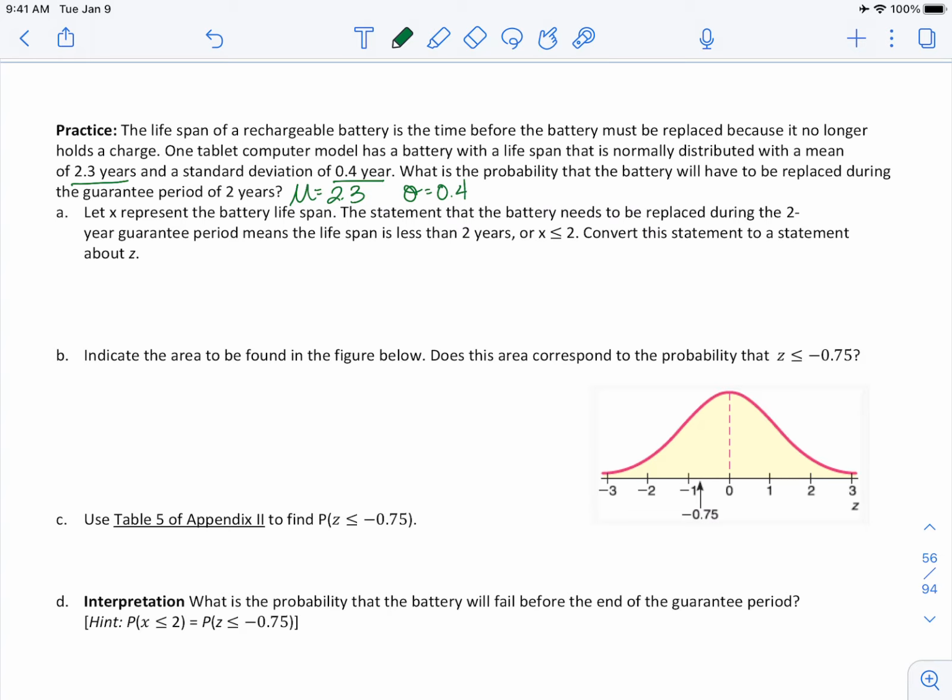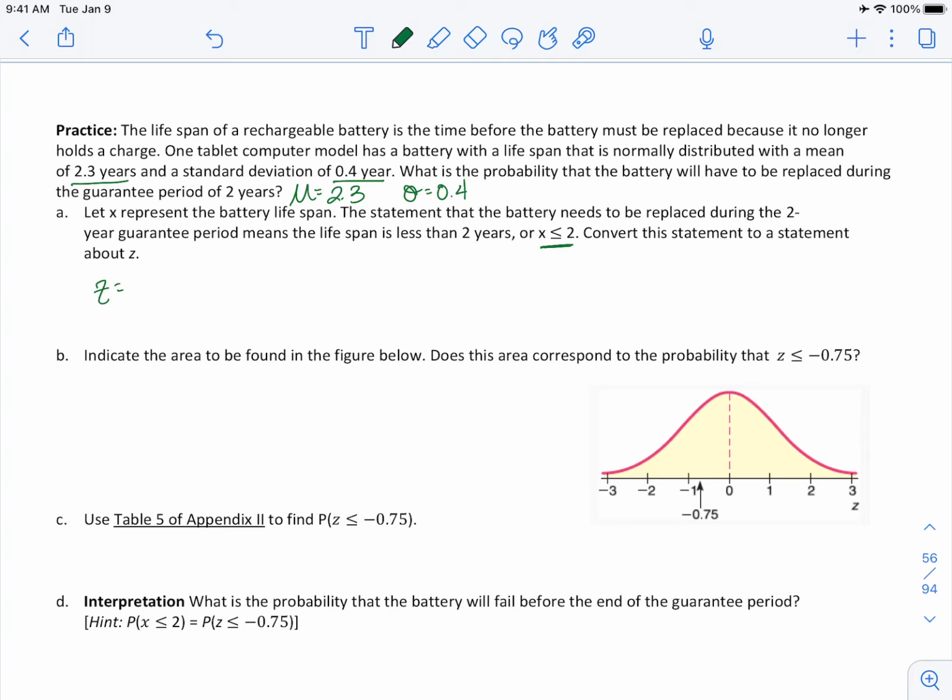So let X represent the battery lifespan. The statement the battery needs to be replaced during the 2-year guarantee period means the lifespan is less than 2 years, or X is less than or equal to 2. Convert this statement to a statement about Z. Go ahead and do this one. So we need a Z-score.